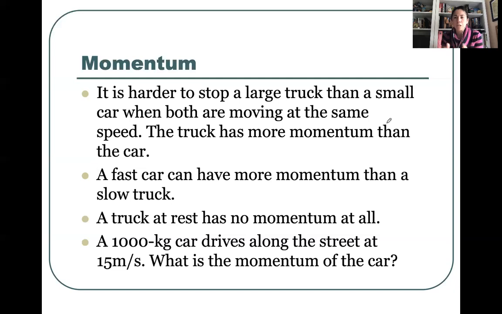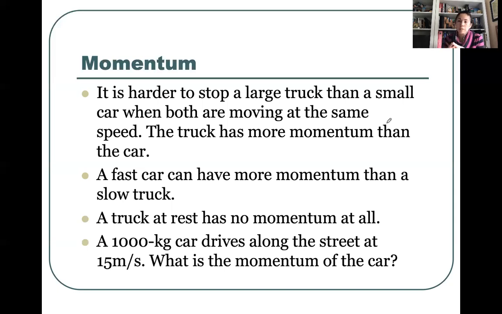That's kind of the picture that we're trying to get to, and why this quantity is going to be useful. Now, if you look at objects with different speeds, however, so you could be looking at a car again versus a truck, but you could have a very slow truck, and as it turns out, a car with a lot less mass, but that would be moving very, very fast, may actually have more momentum. All right.